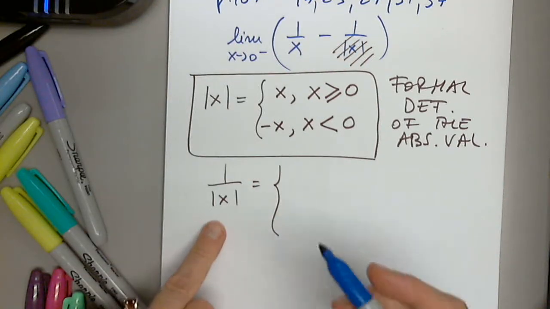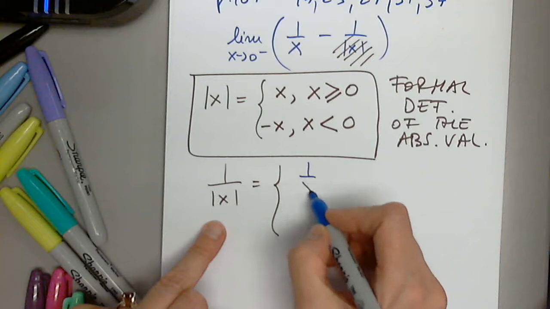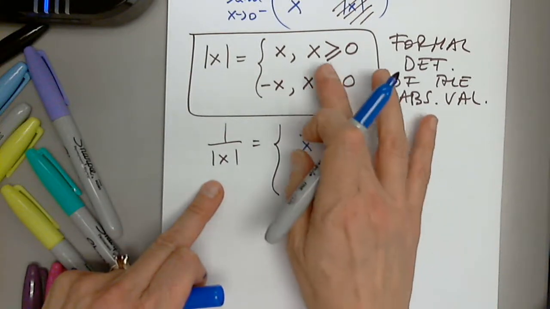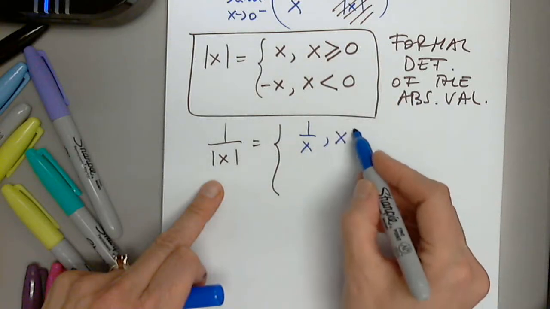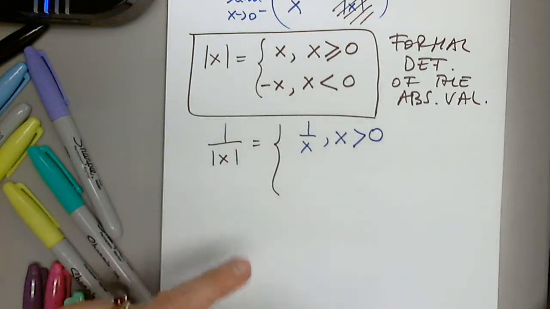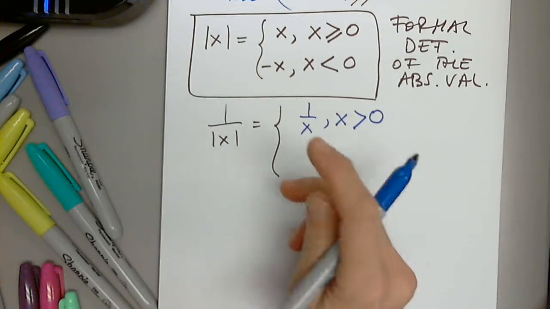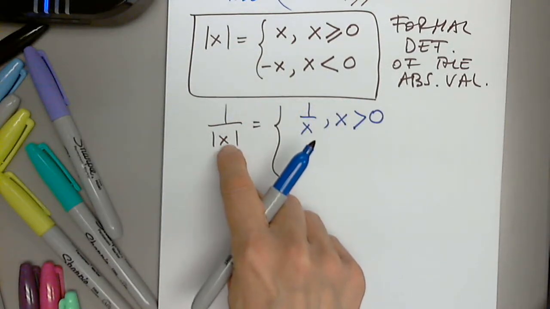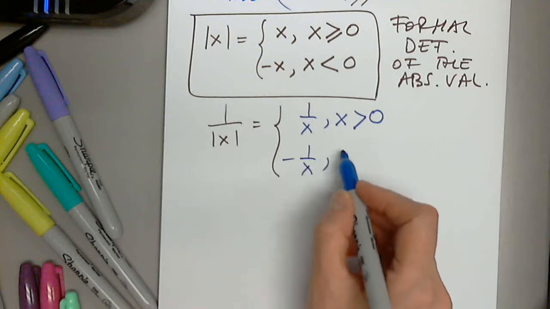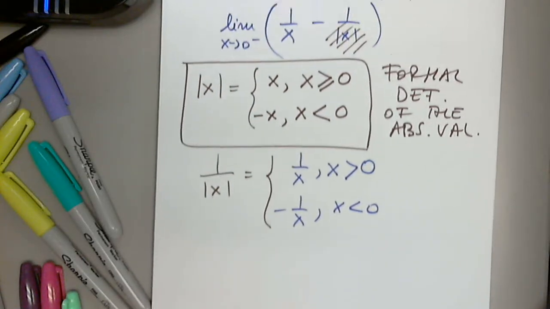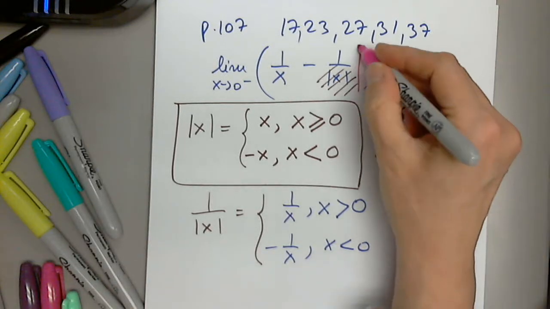What are the options? 1 over x when x is greater than 0, yes, but this time I cannot put equal to 0. Why can I no longer put equal to 0? Because you can't have 0 in the denominator. And what is the other option? When the denominator is negative x, then negative 1 over x for x less than 0. Okay, now I have this piece.